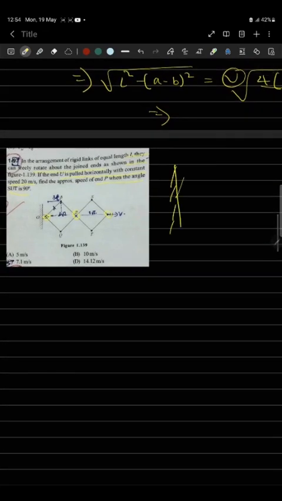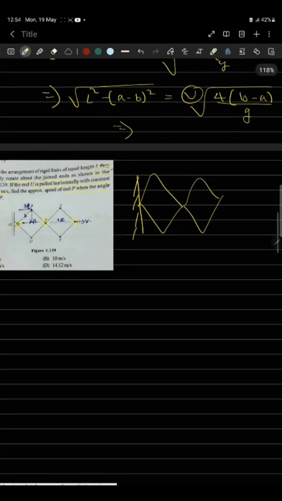We have this and this. These rods can move about these joints. This is moving at the velocity 20 meter per second.